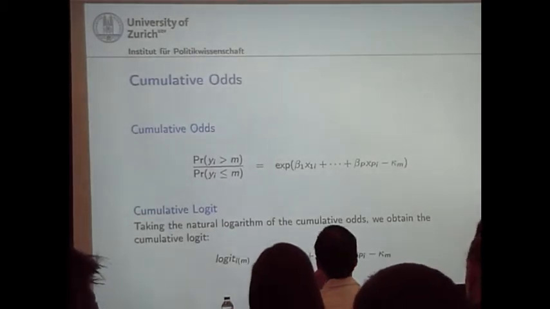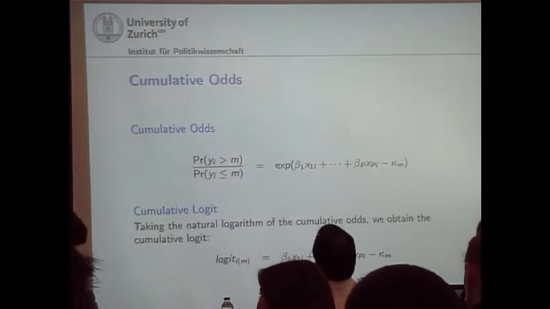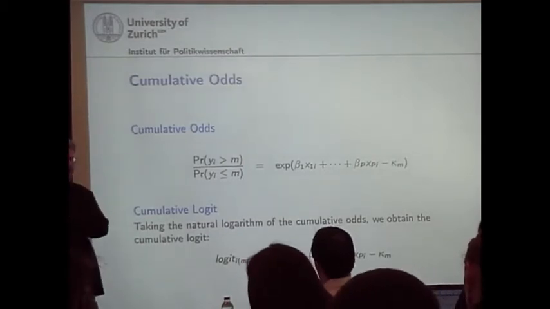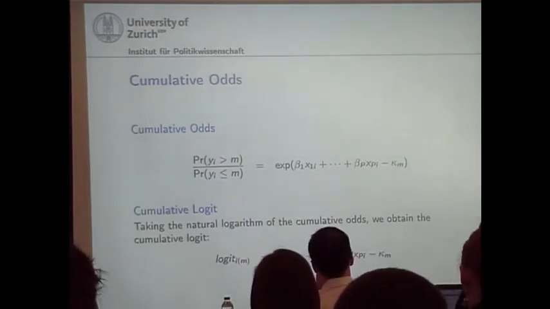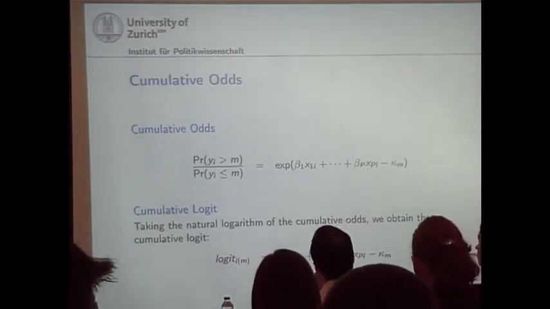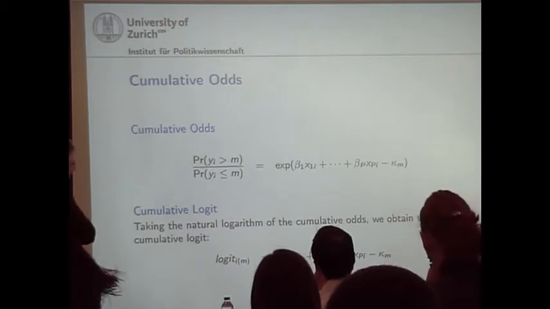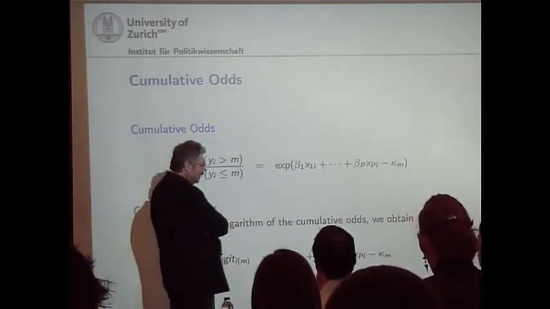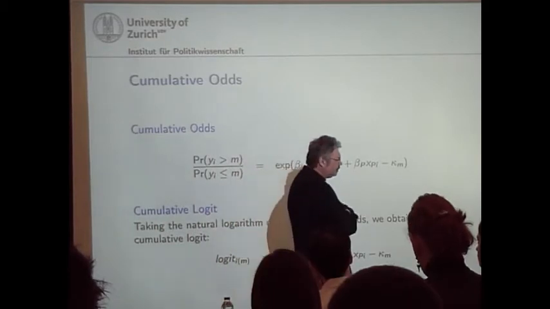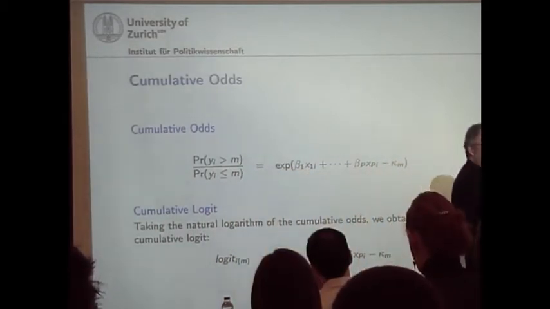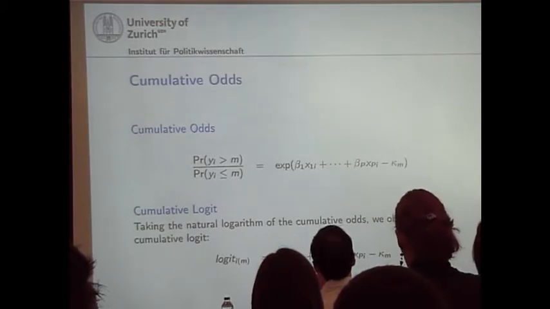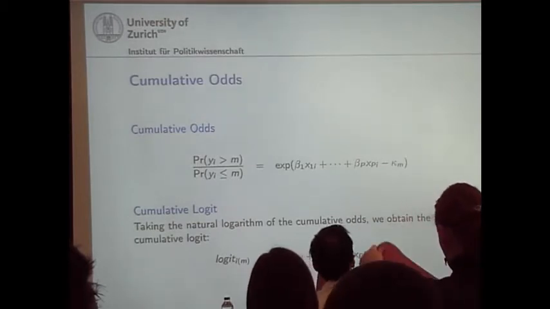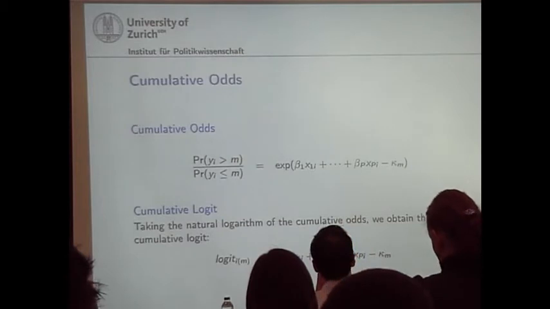Now, the other way to interpret this is again to go to this concept of odds ratios. But odds ratios in ordered logit models take on a slightly different guise than they do in logit models, because in logit models it's sort of clear what the logit is. It's the log of the probability of scoring 1 over the probability of scoring 0.